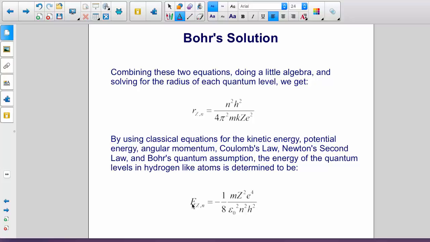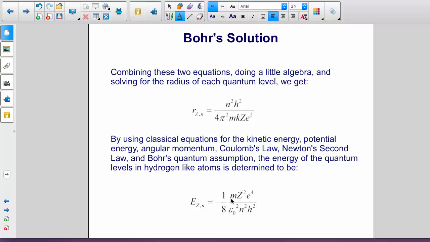It's E as a function of the charge on the nucleus and the energy level, given by -1/8 times m Z squared e to the fourth over epsilon naught squared n squared h squared.